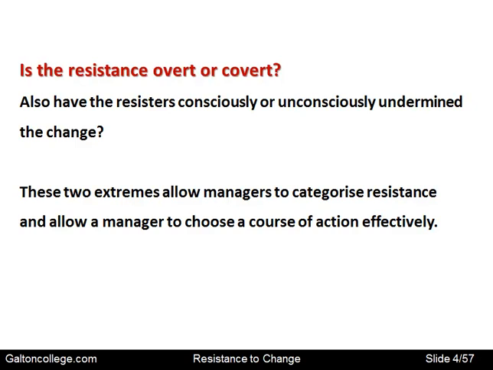So here we've got overt resistance to change, which is obvious, open, declared resistance to change. People are saying out loud they do not want to change, and they are overtly against it. They are openly against it.